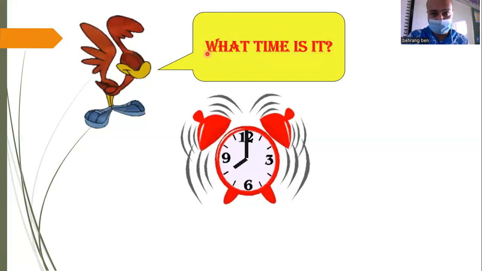Then you have to say the time. Okay. After that, draw this beautiful clock with its short hand and long hand. All right, then answer the question.